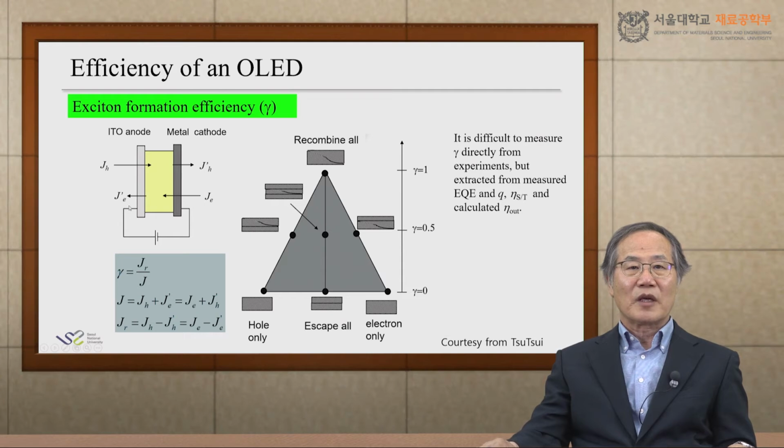And the electron also can have this kind of tendency. Then the exciton formation efficiency must be the recombination current divided by injected current. So the injection current is just this current or this current, that must be the same here because of continuity of current in the device. If that is not the case, charge accumulation must be taking place inside of that.